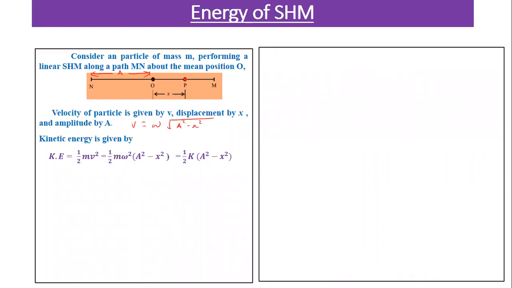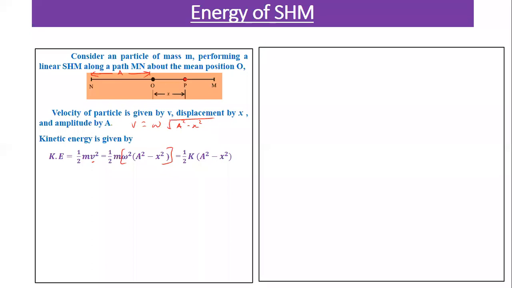By using that we can write kinetic energy. Kinetic energy is half m v square. In that we substitute, and after squaring we get half m omega square in a bracket A square minus x square.